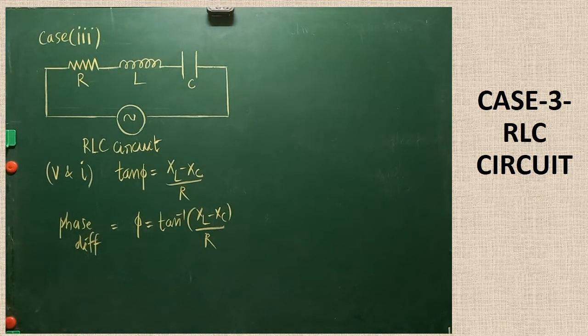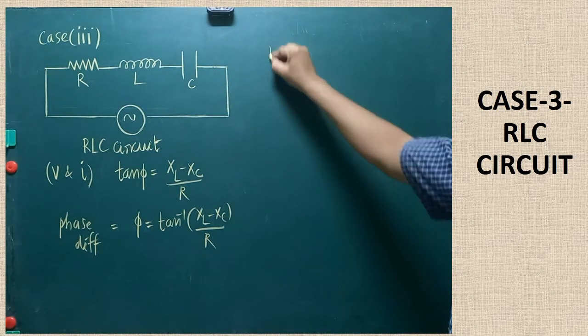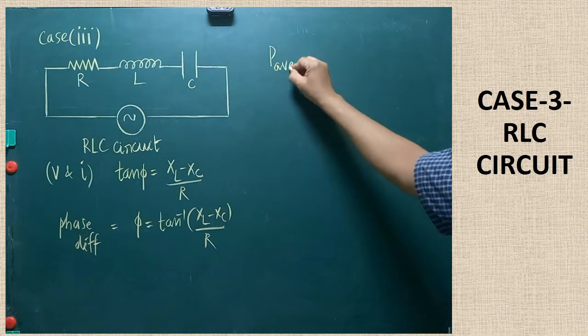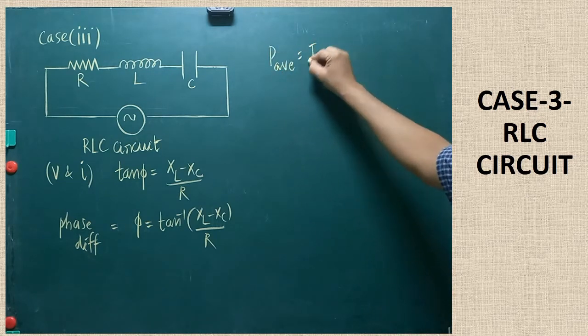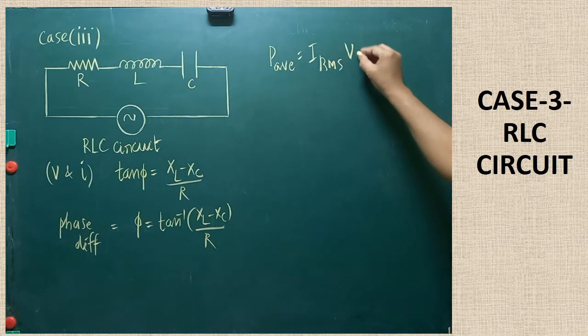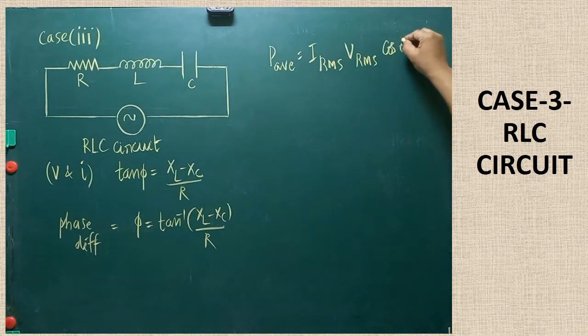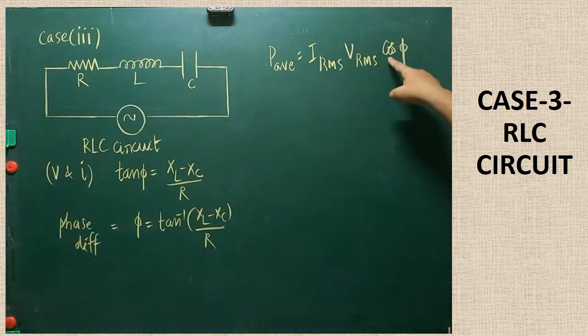But our aim is to calculate the P average. In the case of RLC circuit, P average is to be calculated. So what is the formula to calculate the P average? IRMS, VRMS, cos pi. This is the formula. Here in this cos pi power factor value, pi is called phase difference.